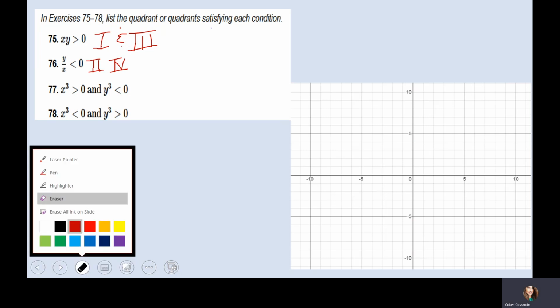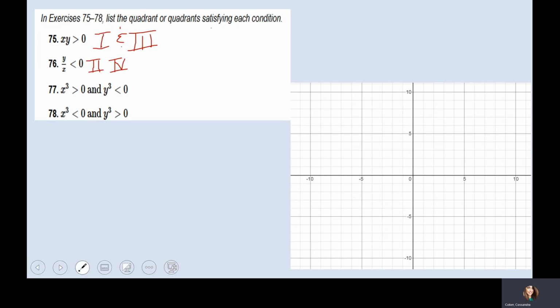So the only case that can happen: I've got negative x's here. Well, if I raise a negative number to the 3rd power, it's always going to be negative. So I know I'm not using quadrant 1 or quadrant 3 in that case.